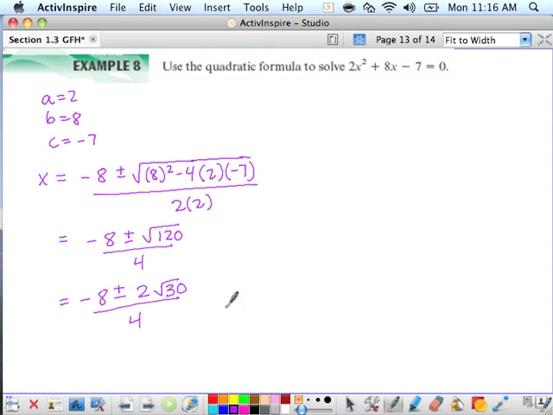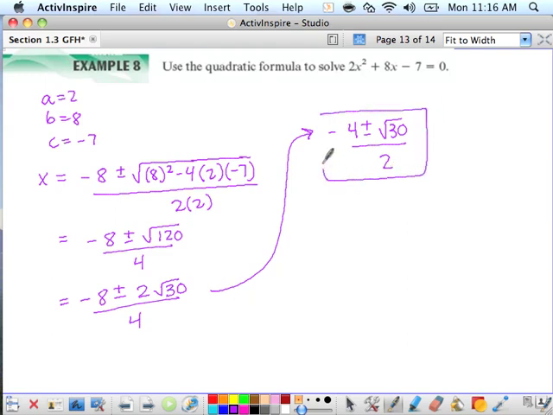It's an all for one kind of simplification there. So that reduces down to negative 4 plus or minus 1 square root of 30 all over what? 2. Which is a beautiful answer, but probably not how you're going to be allowed to type it in, unfortunately.